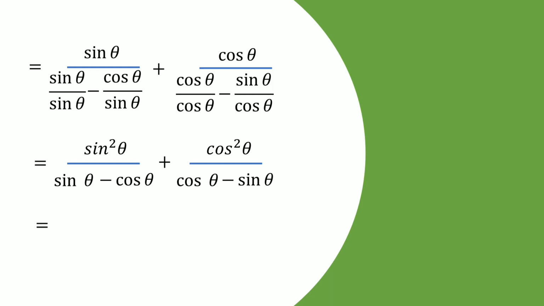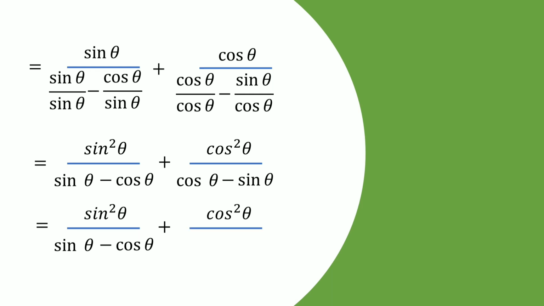We have to take the LCM of these two. See the trick I am using here. Sin square theta over sin theta minus cos theta plus, don't write the plus immediately. I am explaining. Leave the gap here. Cos square theta.